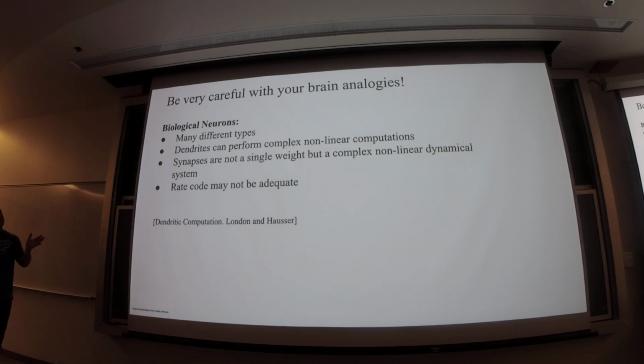So now a warning: be careful with your brain analogies. What we are doing with neural networks really has zero to do with these, other than the fact that there's a lot of things connected to each other, and that's also happening in the brain. Biological neurons, there are tons and tons of types of them. They're all doing interesting, different kinds of regulatory things. Some are primarily for signaling, others are primarily for regulating, up and down regulating, inhibiting even.